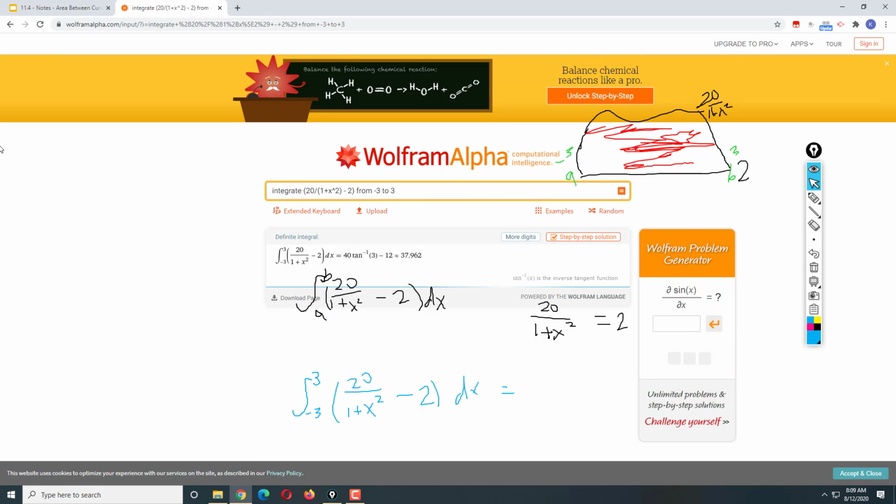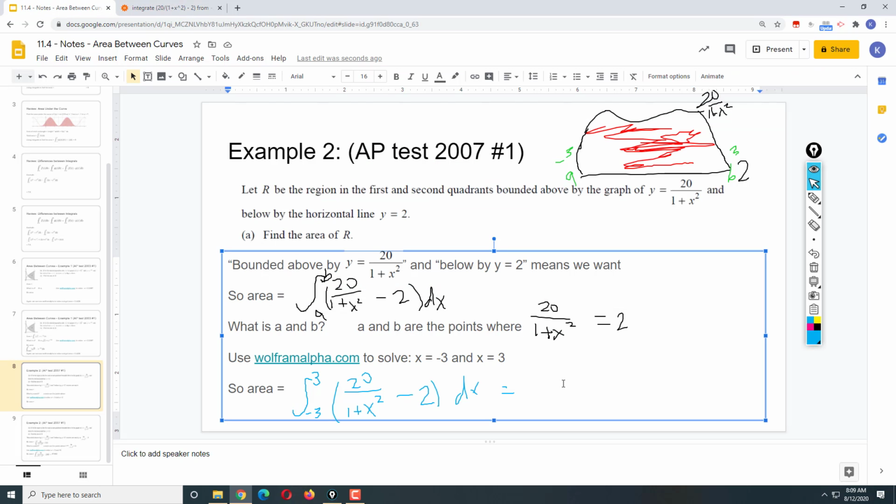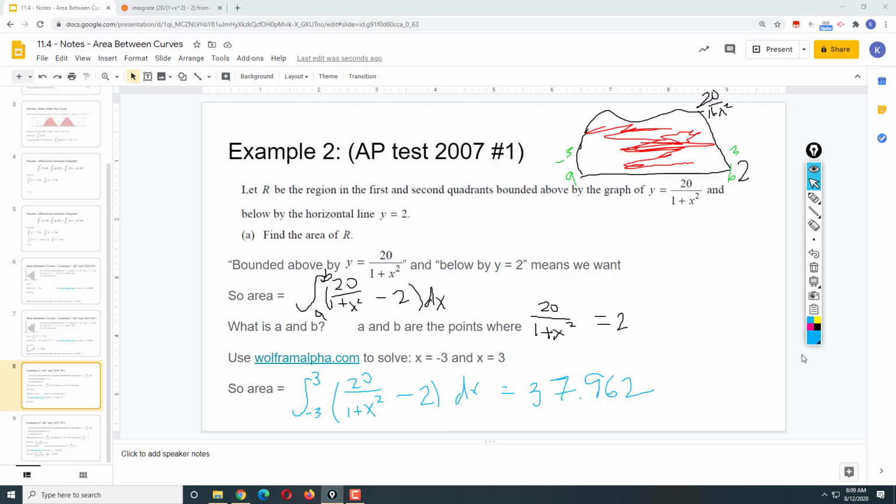And we get about 37.962. And that's it. That's the area between 20 over 1 plus x squared and 2.